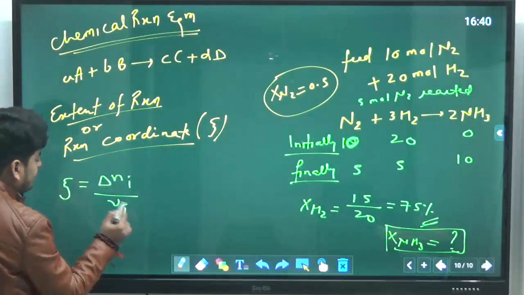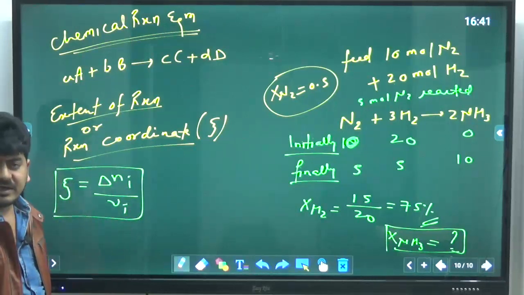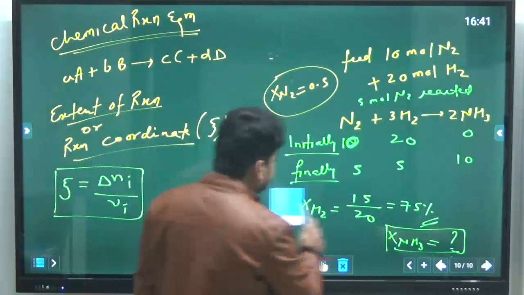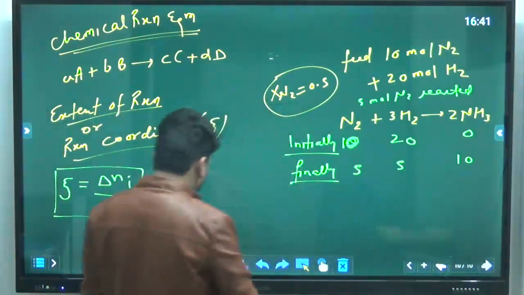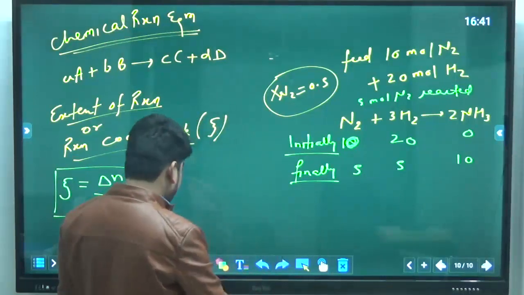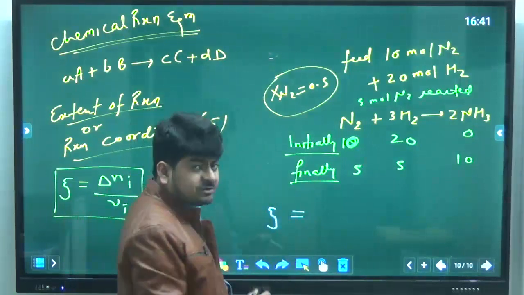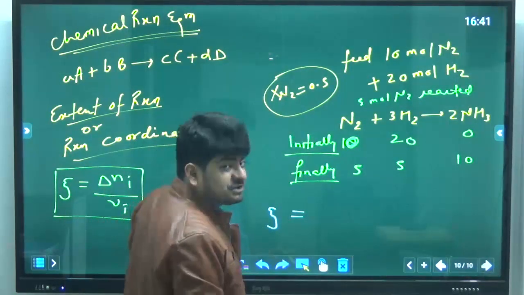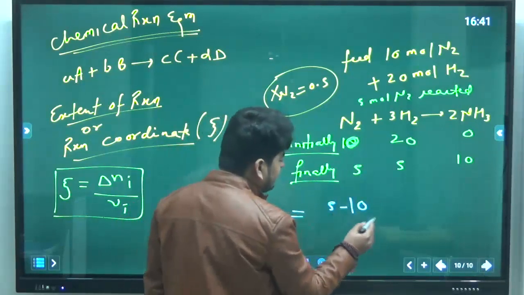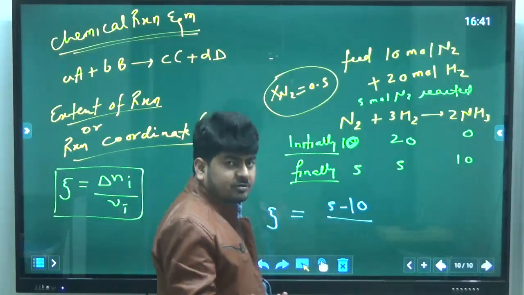So that's why I talk about the extent of reaction, the reaction coordinate, which I can define as delta Ni over nu i. Delta Ni means, I hope you know, final minus initial value. So here you can see easily, for nitrogen, final value minus initial value: final value is 5, initial value is 10, divided by the stoichiometric coefficient of nitrogen.